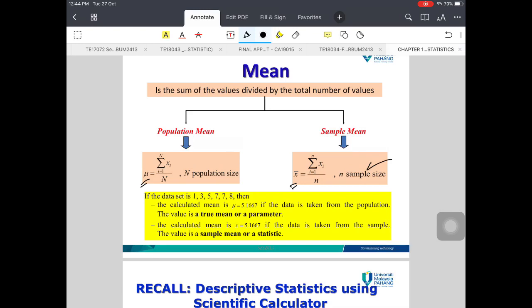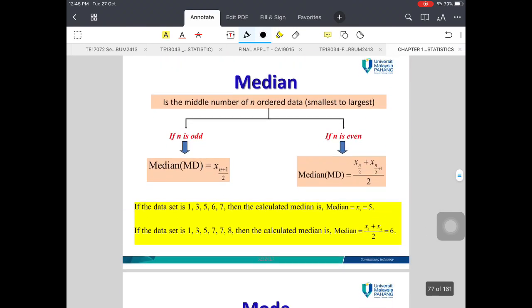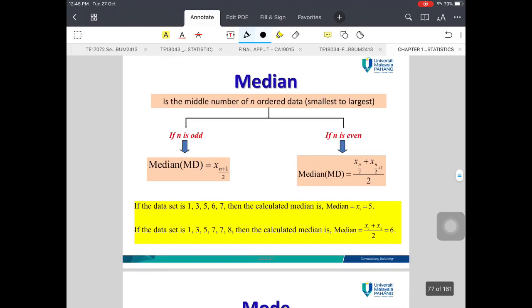Alright, we go to the next one, which is median. Median is the middle number of n ordered data, where ordered means we arrange the data from the smallest one to the largest one.